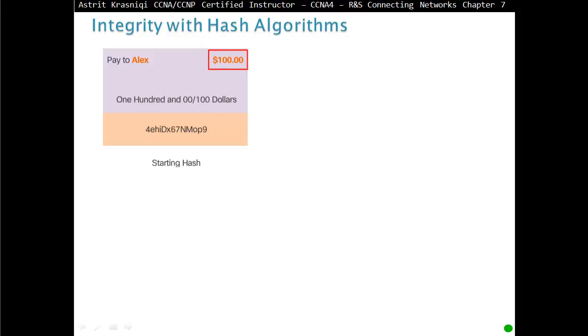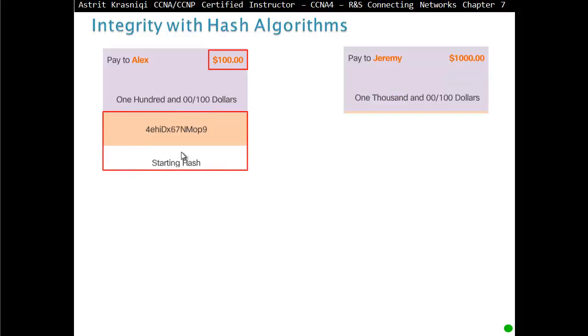So integrity, for example, have a look at this. At the start, this is our data, yeah? We encrypt our data. It says pay to Alex $100. We encrypt it and we have the hash. Now that hash, once we send it to the destination, is one-way hashing.